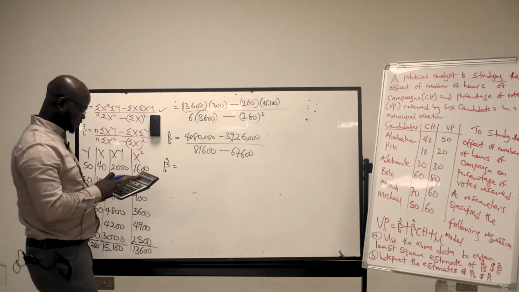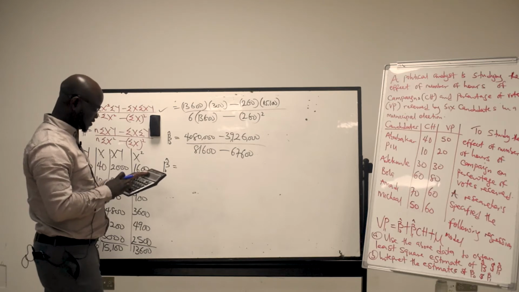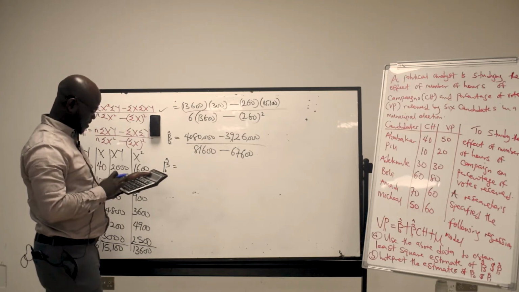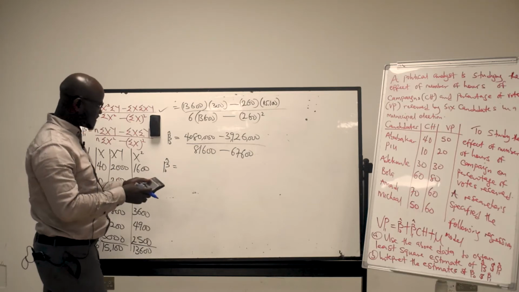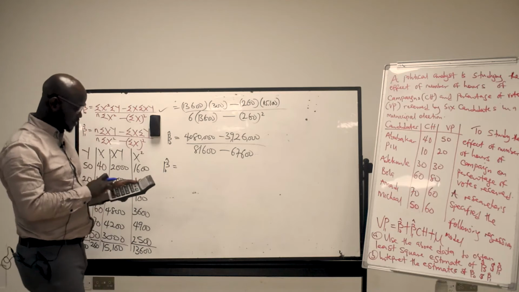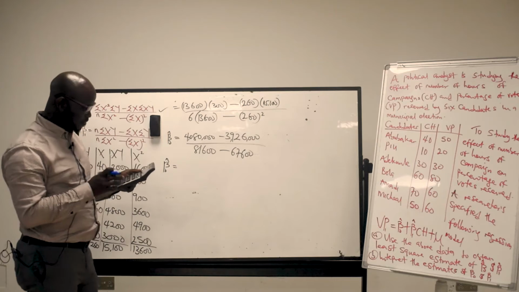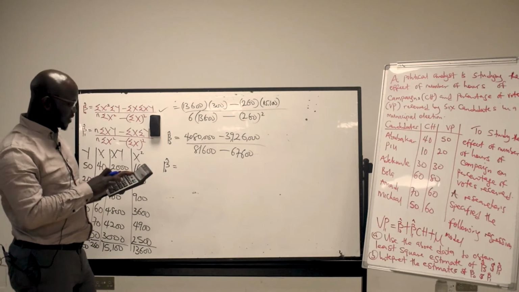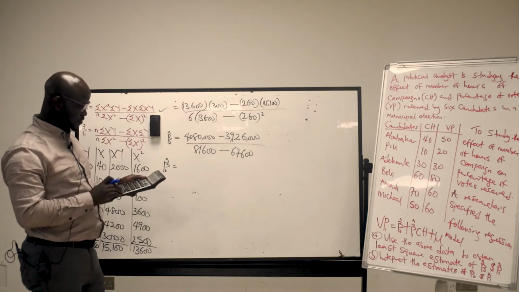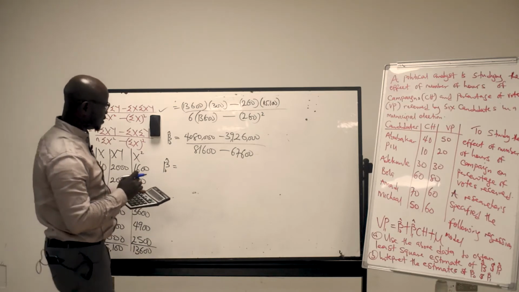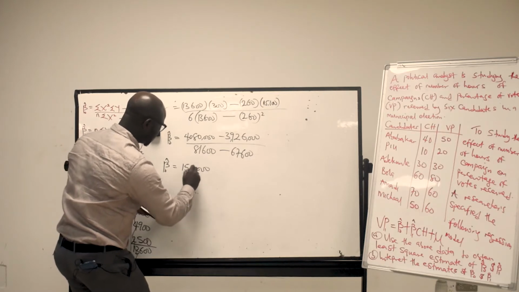Then we can rewrite this to be 4,080,000 minus 3,926,000, we have 154,000.